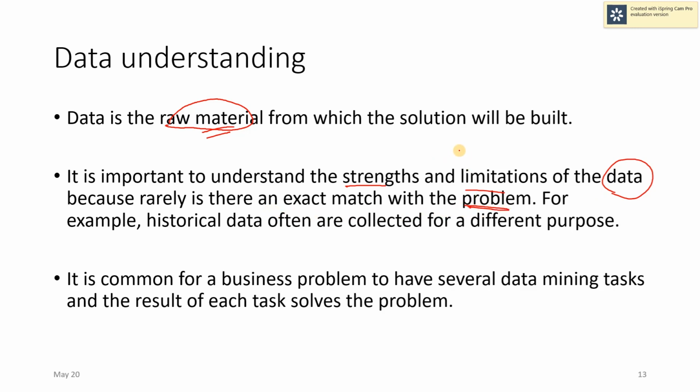Sometimes a different approach may be needed for different kinds of data. For example, historical data are often collected for a different purpose. So it is common for a business problem to have several data mining tasks, and the result of each task solves the problem.